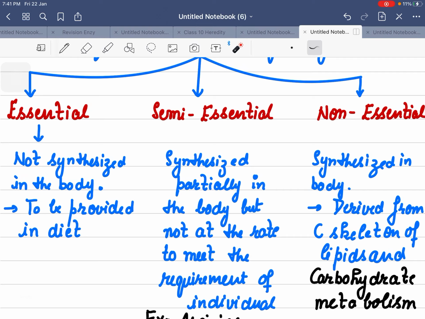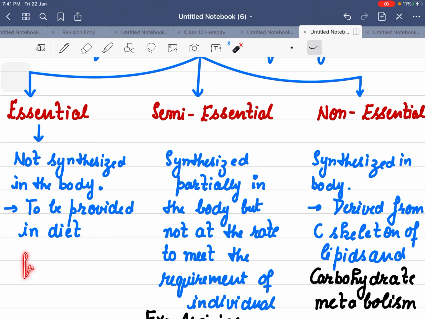Essential means something which is very, very essential. It means they are not synthesized in the body. They have to be provided through the diet.